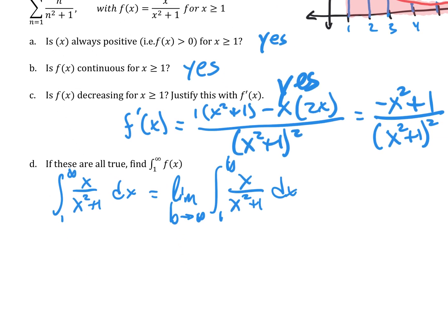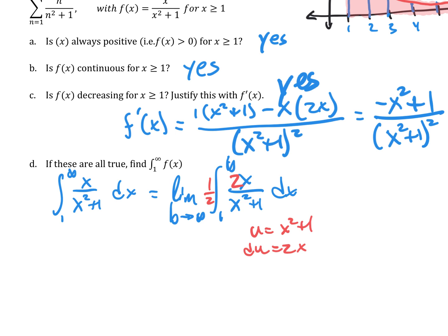So we've got to do it as a limit, remember. So we can do some little u substitution, let u equal x squared plus 1. So du is 2x. So I wish I had a 2x. Well, let's just put a 2 there. And I could do that as long as I multiply by a half also. So now, yep, we've got du right there.